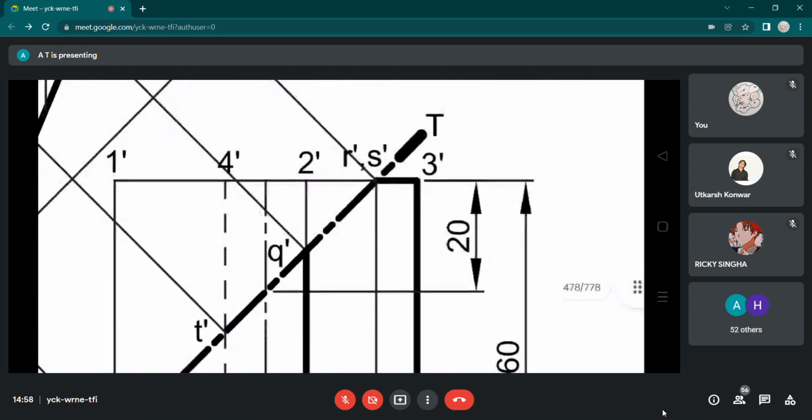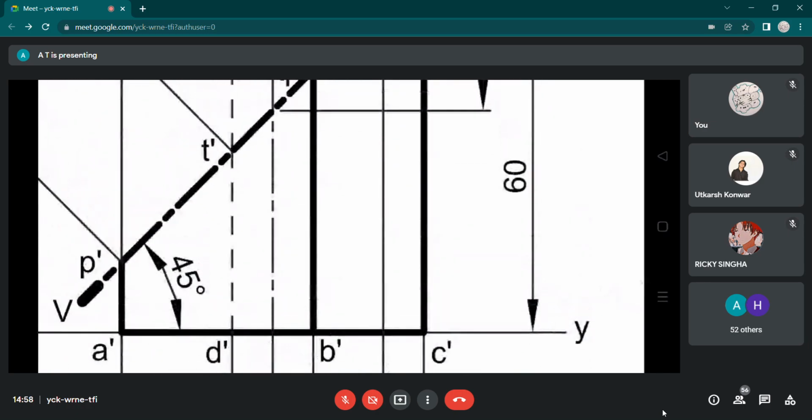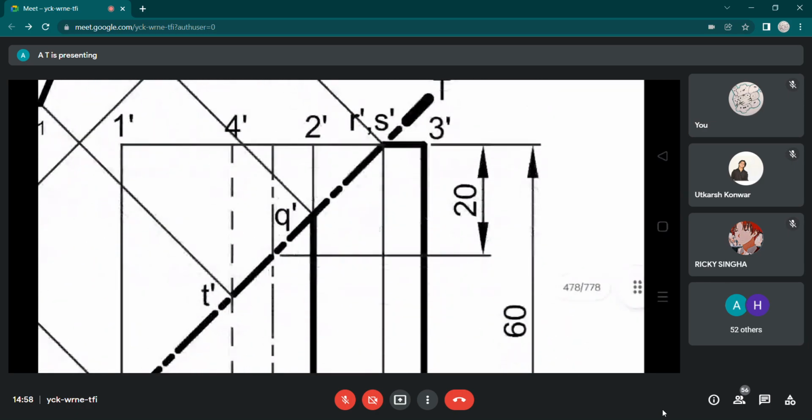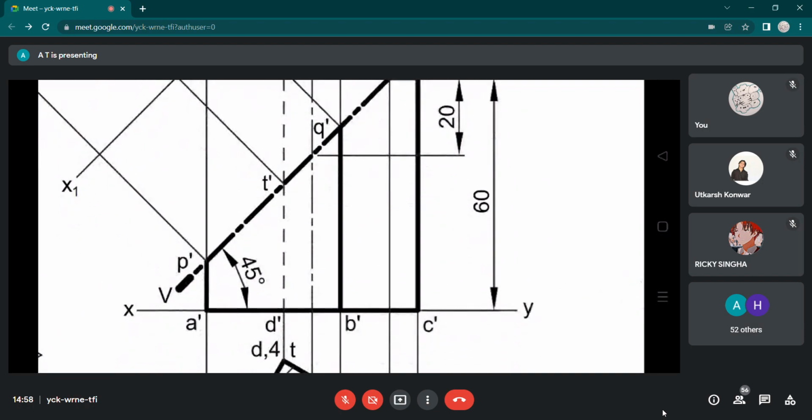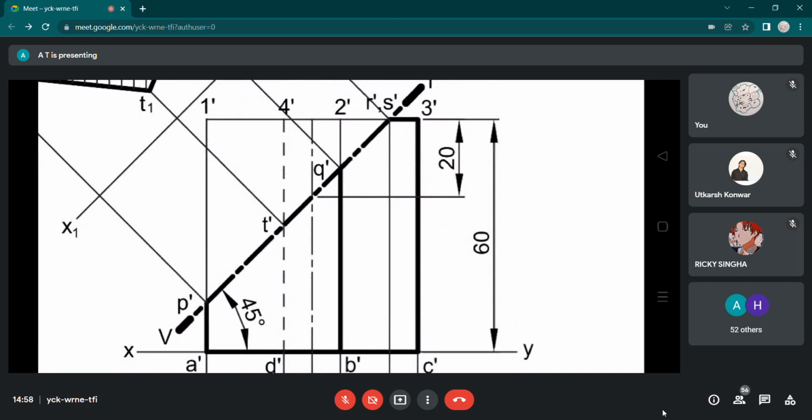Similarly, at the top portion, you see in the front view from XY, can you get 3 dash, 2 dash, 4 dash, 1 dash?